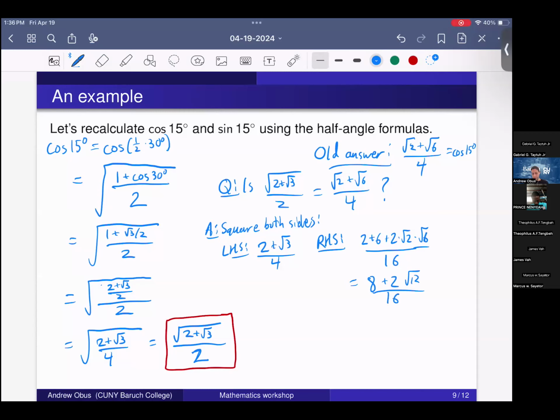But what is this? Well, this is 8 plus 2 square root of 12 over 16, which is the same thing as 8 plus 4 square root of 3 over 16, because square root of 12 is equal to 2 square root of 3.